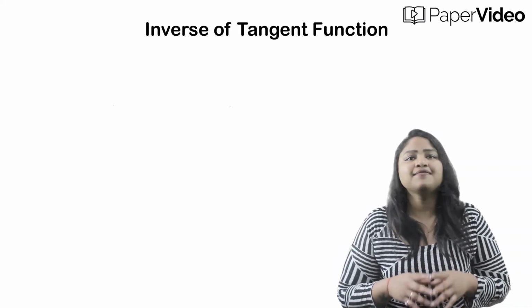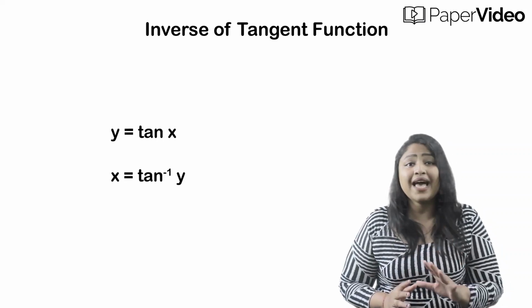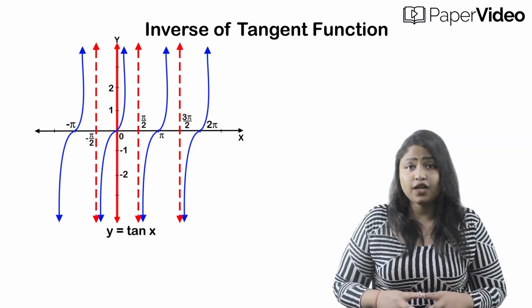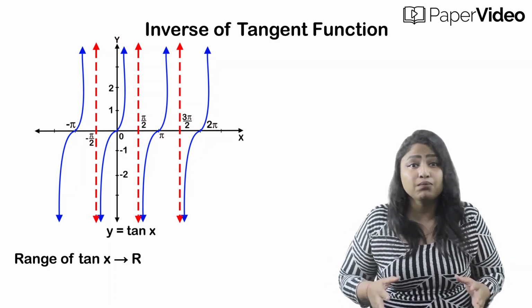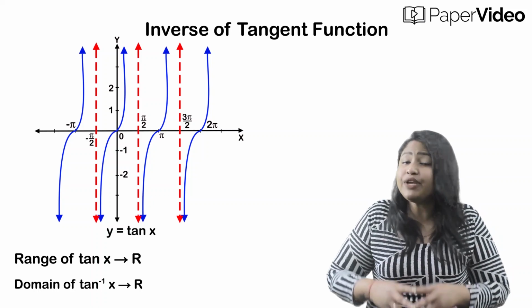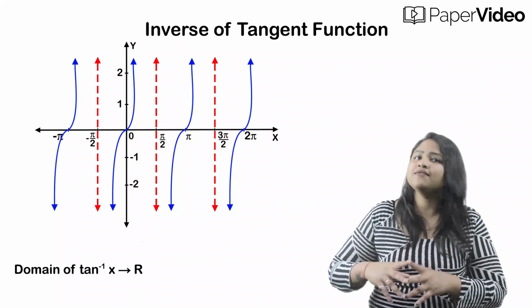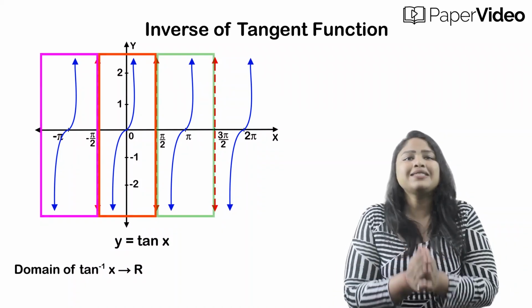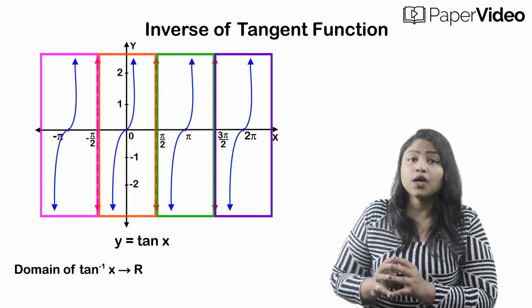This means that if y equals tan x, then x equals tan inverse y. If we look at the graph of the tangent function, we can see that the range of the tangent function is real numbers. So, the domain of the tangent inverse function will be real numbers. And the range of the tangent inverse function will be each of these intervals because the tangent function is invertible in each of these intervals.